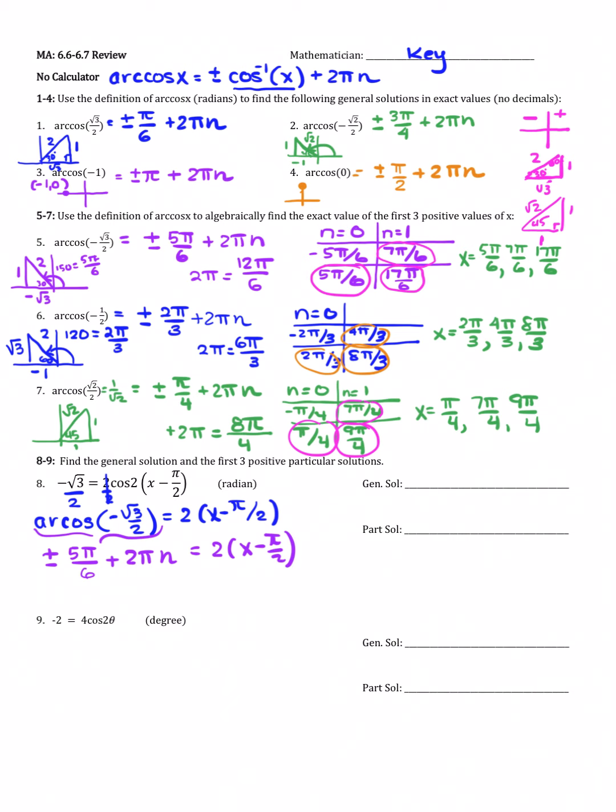So we are going to multiply both sides by 1/2. You have to distribute to everywhere. So this will become plus or minus 5 pi over 12 plus just pi n, because the 2 and the 2 will cancel, equals x minus pi over 2.